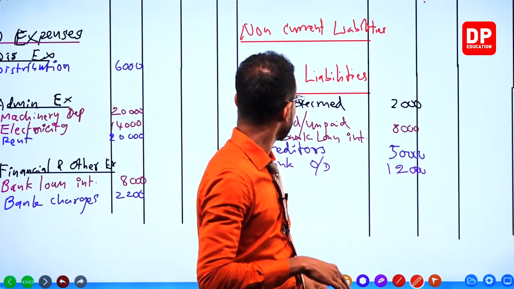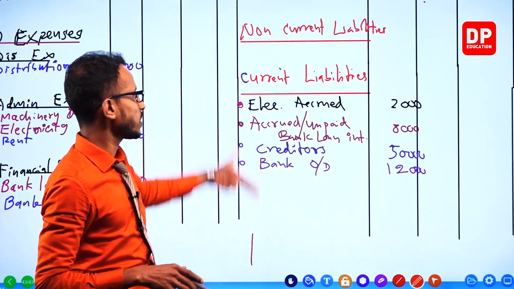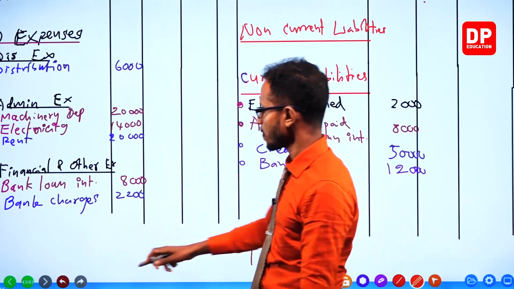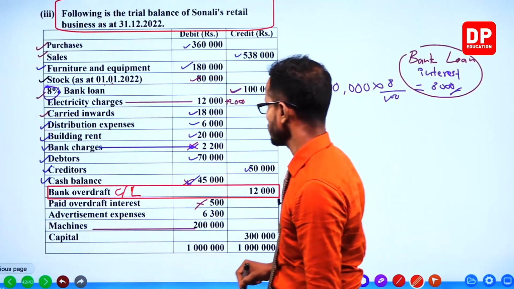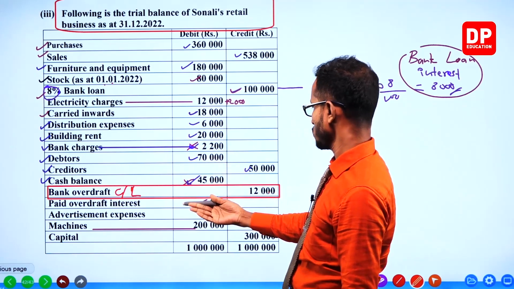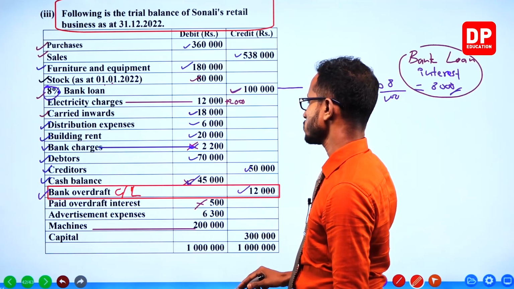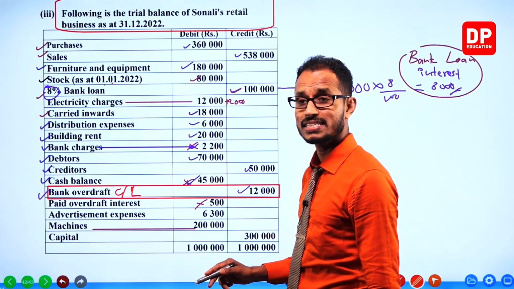Something that we don't usually get so many current liabilities in this question. Is that over now? Is that trial balance? No, it's not over. We put the 12,000 under current liabilities.